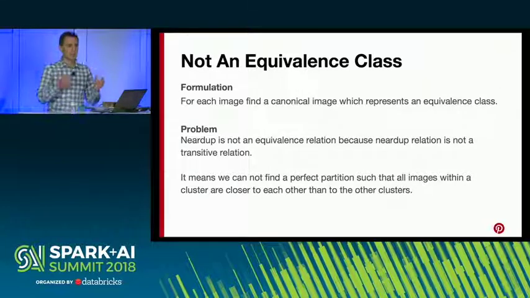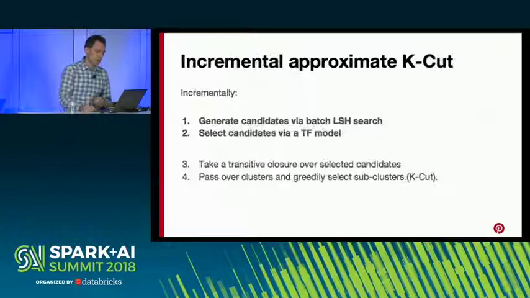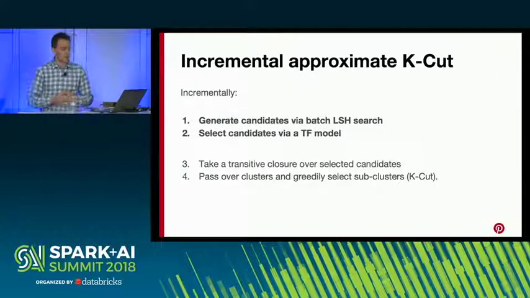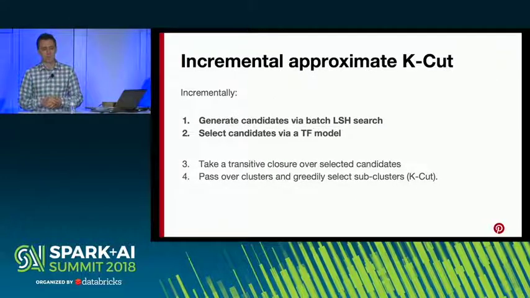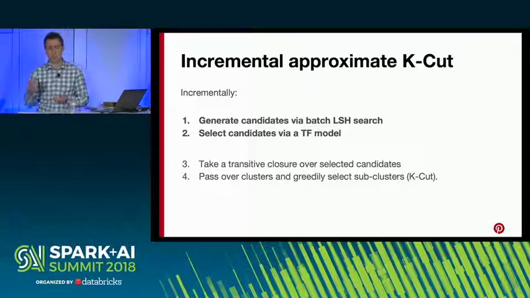Or maybe right in the middle, there's a class of cat-dog. It's not clear. So what we have to do is approximate this approach. And the specific approach we take is we take a transitive closure, and then we take a greedy k-cut pass to make sure it's tractable from a computational point of view and also fairly accurate. That's all I wanted to say about clustering.